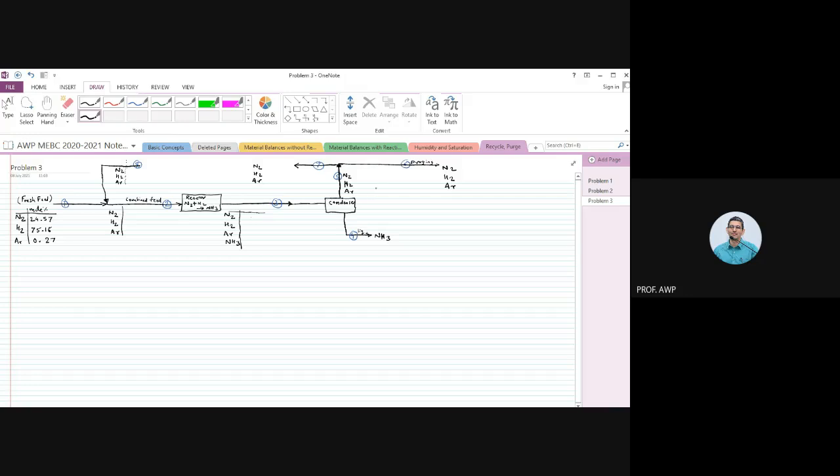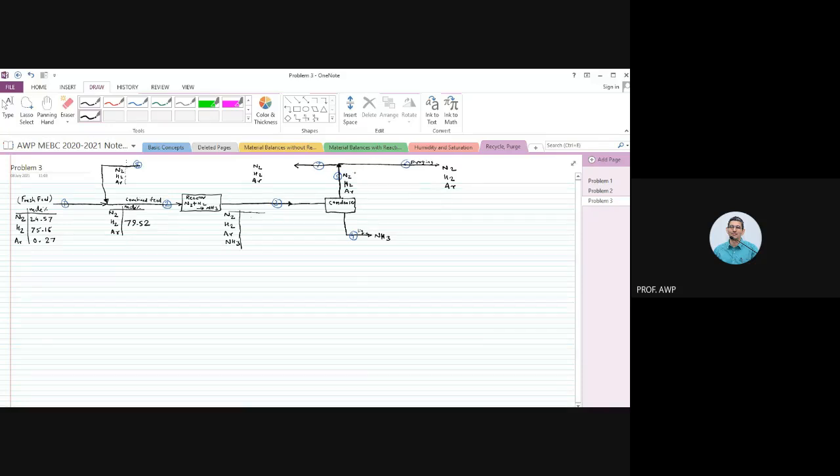I will give you some more compositions. In the combined feed, hydrogen in terms of mole percent is 79.52. Okay.